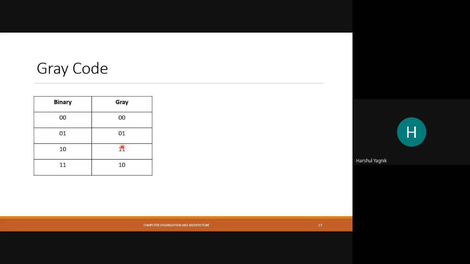Between two successive numbers, there should be only 1 bit change. So after 01, it is not 10, because 01 to 10 would be a 2 bit change. So the MSB is changed from 0 to 1, and we have 11. And now over here, the number which is not used, the LSB is changed, it is 10. This is gray code for 0, 1, 2, 3.